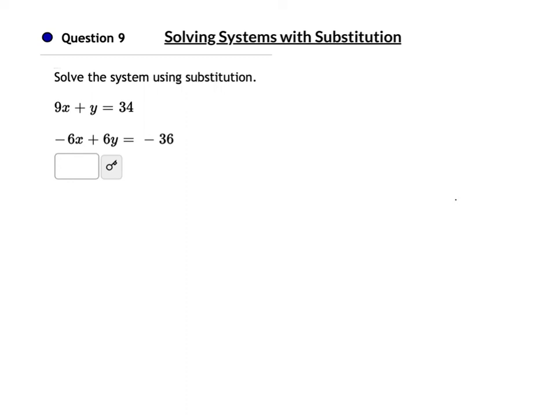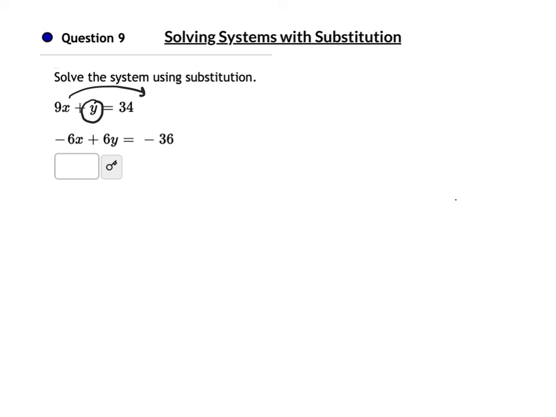The next example is question 9, and we finally get a system where there's not a variable by itself. This question isn't any harder than the others, and the reason is they've made it fairly easy to get a variable by itself. You see how this y has no coefficient? That means I could get y by itself if I just move the 9x to the other side.